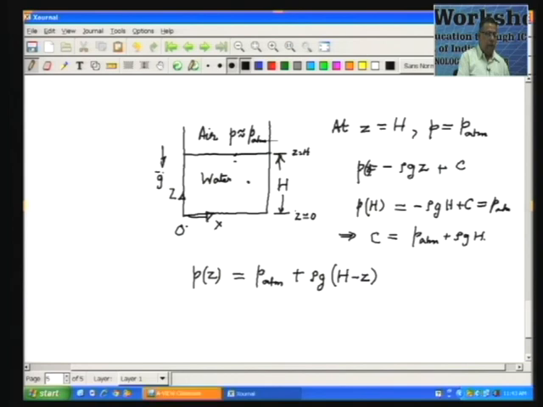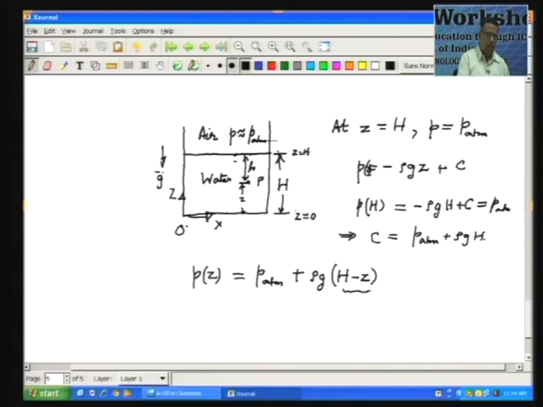Now consider a point P over here. So, this distance then according to our coordinate system is z, the height of the point P above the base of the tank. So, what you have over H minus z then is this height, we can call it small h, because this total height is H and this is z.